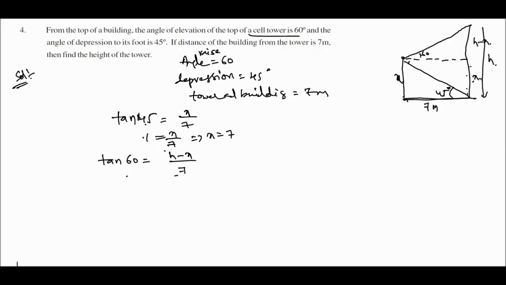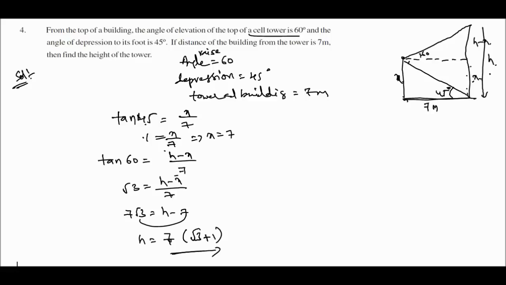Tan 60 is root 3, so root 3 is equal to (h minus x) divided by 7. Substituting x is equal to 7, we get 7 root 3 is equal to h minus 7, so h is equal to 7 root 3 plus 7. H is equal to 7 times (root 3 plus 1). This is the answer.